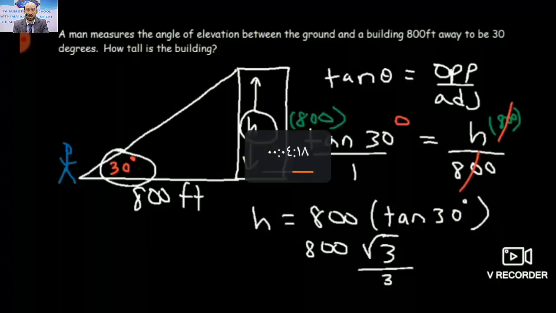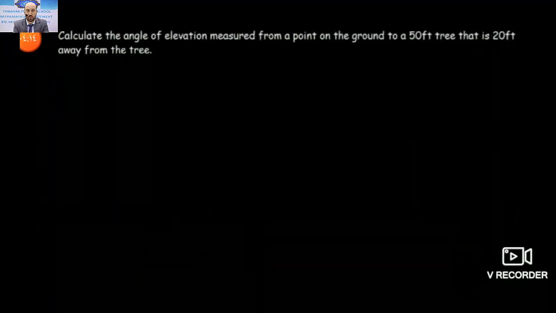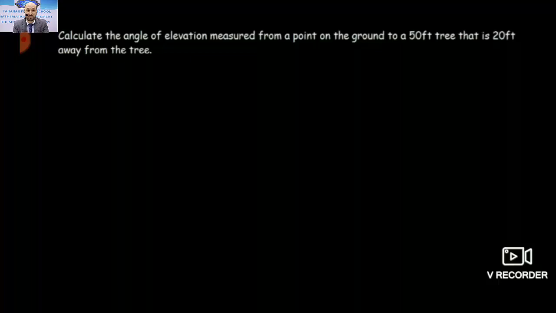And for the second example, calculate the angle of elevation measured from a point on the ground to a 50 feet tree that is 20 feet away from the tree. Before doing the solution, we have to imagine how we could create the right angle triangle.